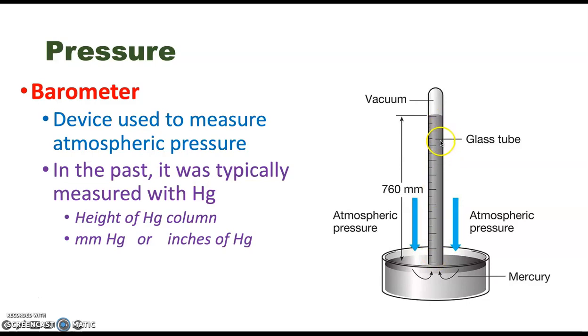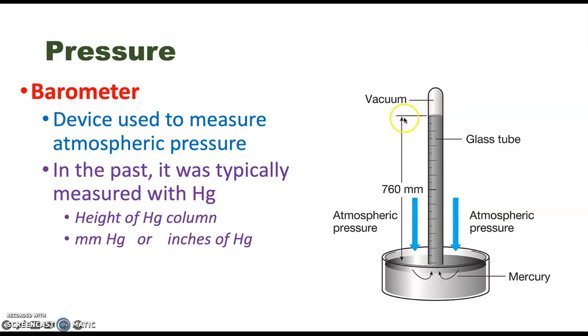Gravity wants the mercury to fall out of the tube, but then that creates a vacuum up here because there's no gas up there. So now what you have is the weight of the mercury pushing down, but you also have the weight of the air out here that's pushing on this tub, which tries to push the mercury back in. So when those two forces equal each other, that tells you the atmospheric pressure.